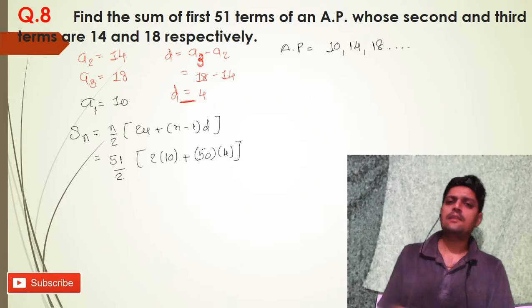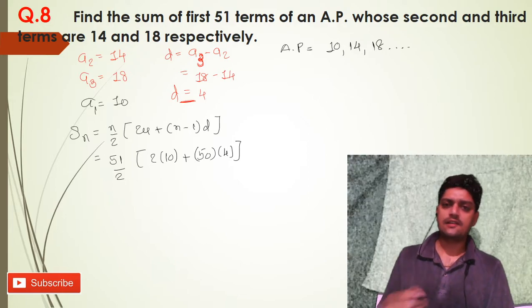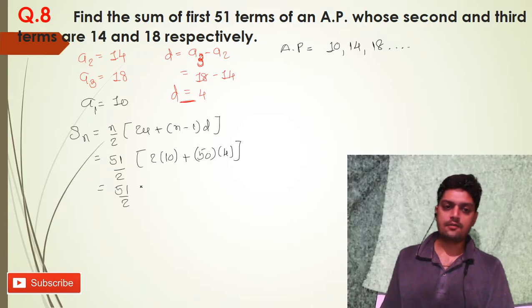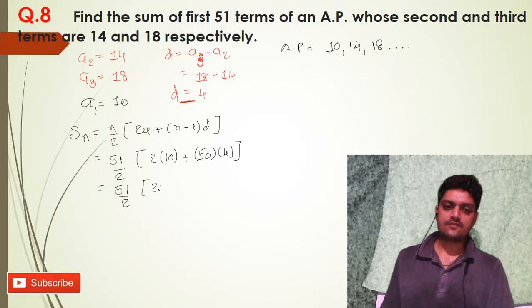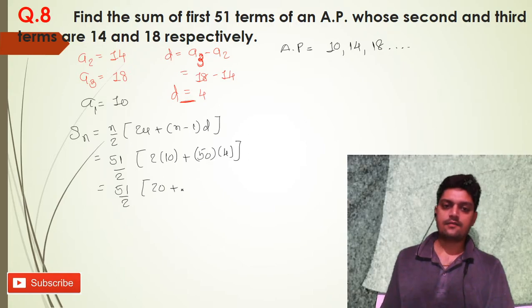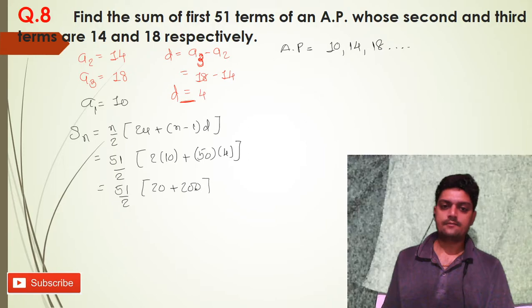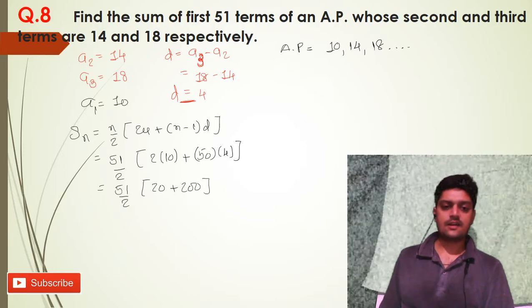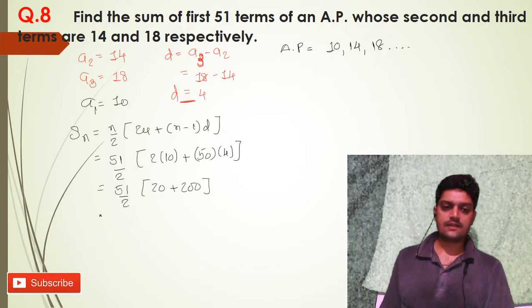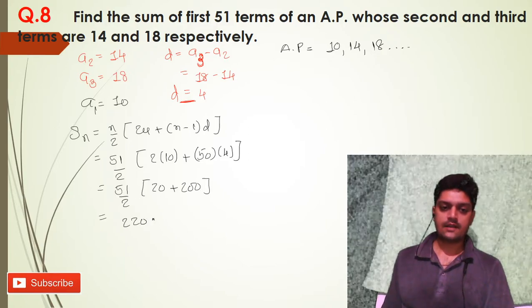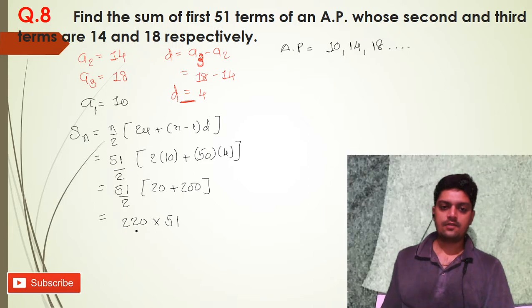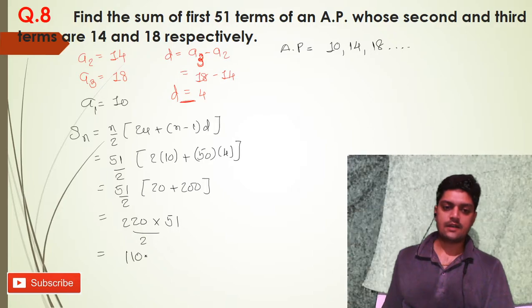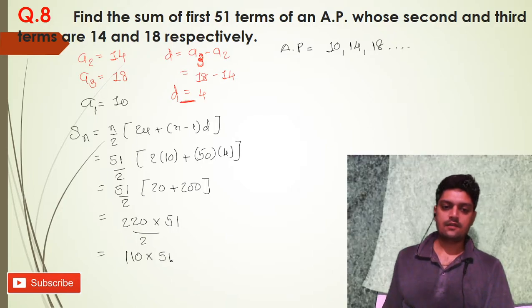And now if you simplify, easily you will get the answer. So 51 by 2 into 2 into 10, that is 20, plus 50 into 4, that is 200. So 200 plus 20, that is 220 into 51 by 2. So 220 by 2 is 110, into 51.